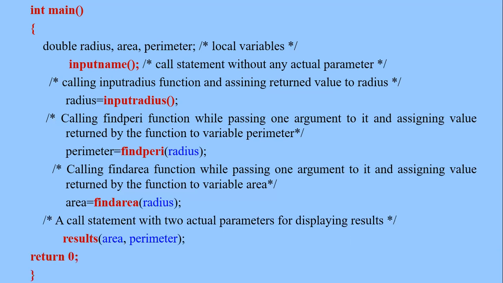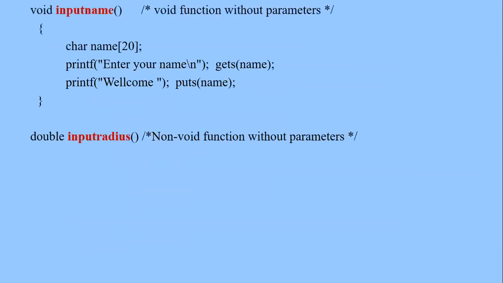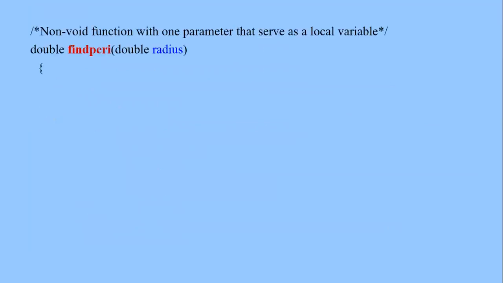Go out and find out where the void function called results is. Here it is. It will come and drop the first value being carried in the first parameter, area. The second value being carried will be dropped in the second parameter called perimeter.